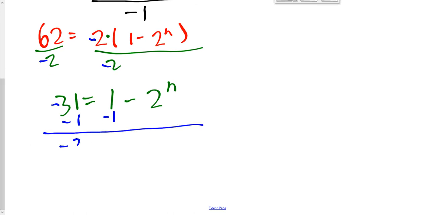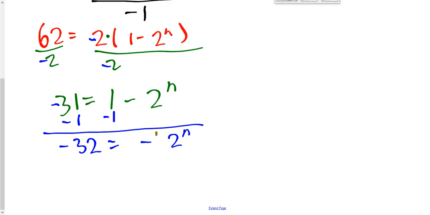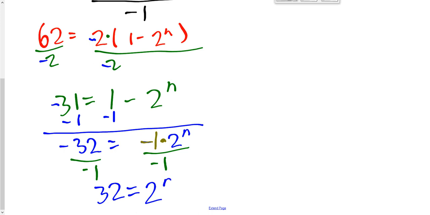I get -32 is equal to -2 to the n. To get rid of this negative here, it's really like a -1 that's being multiplied. I'm going to go ahead and divide both sides by -1. Then I get 32 is equal to 2 to some power.